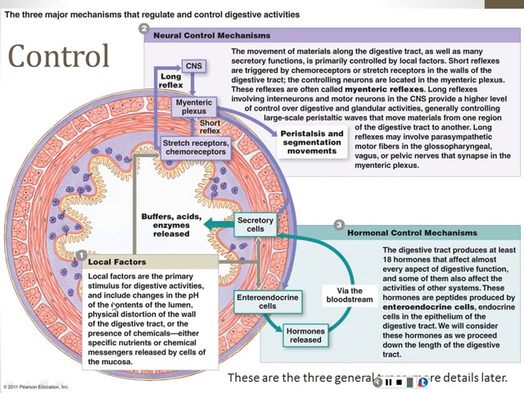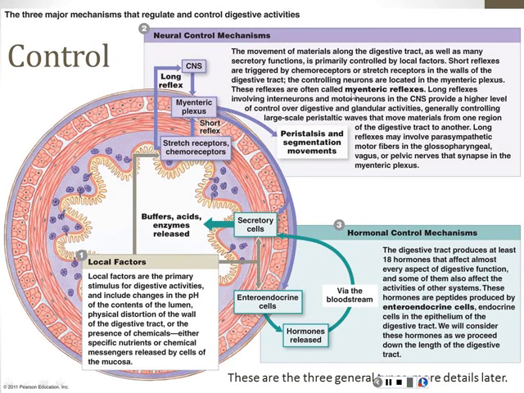So the response of the GI tract to what's inside it is sort of automatic and local. It doesn't require any nervous system input. All right, and then because the GI tract has its own nervous system as well, these local factors can be communicated over great distances in the GI tract through its own enteric nervous system.